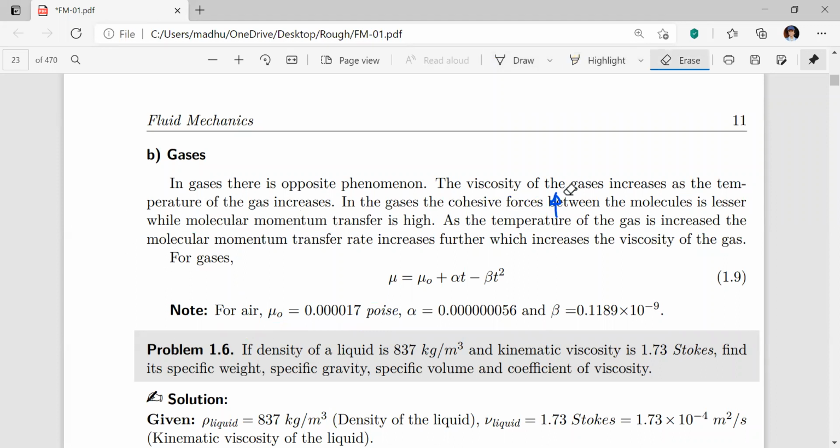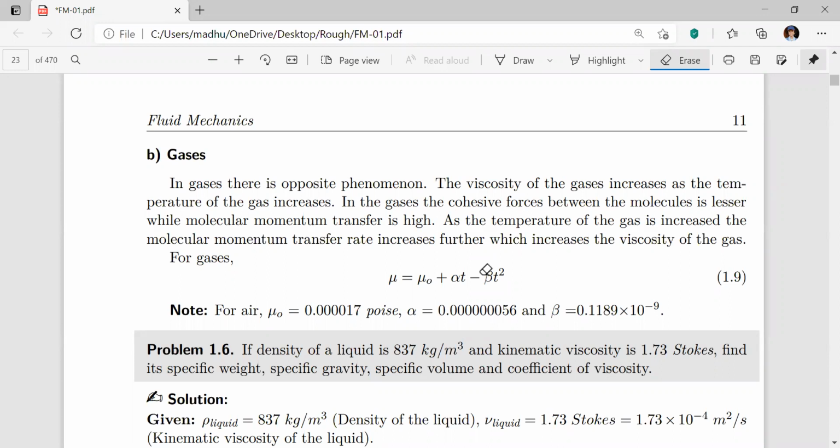So this is the explanation for the viscosity. In viscosity, we have studied two types: dynamic viscosity and kinematic viscosity. Dynamic viscosity unit in SI is Newton second per meter square, and CGS unit is Poise. Kinematic viscosity SI unit is meter square per second, and CGS unit is Stokes.